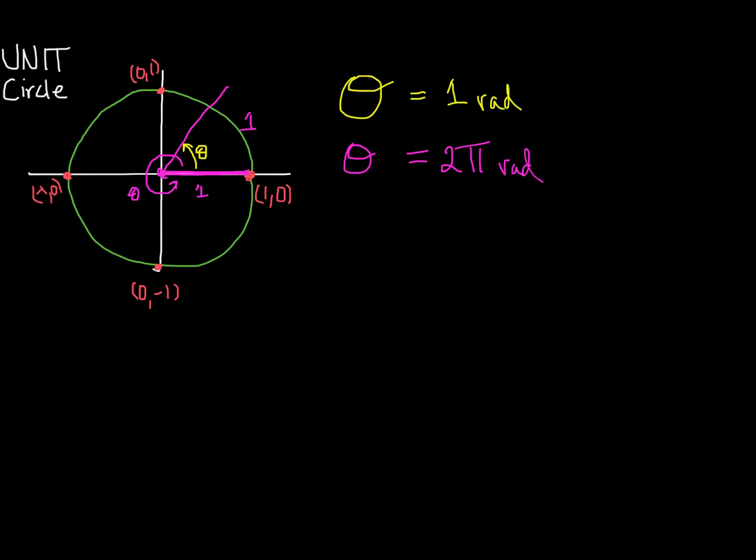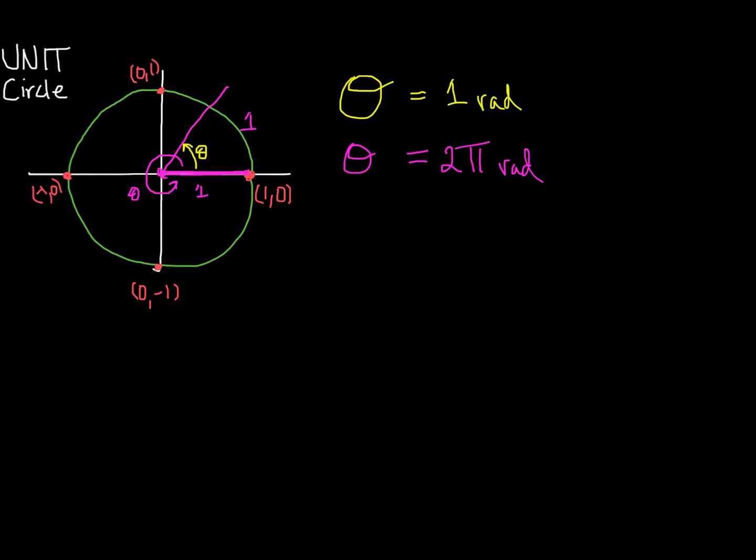And remember, we use pi here, but the reason we use pi and not 3.14 is because pi is a number that goes on forever and ever. To be precise, we use the symbol pi instead of saying that the radian measure of a full turn around the circle is 6.28.